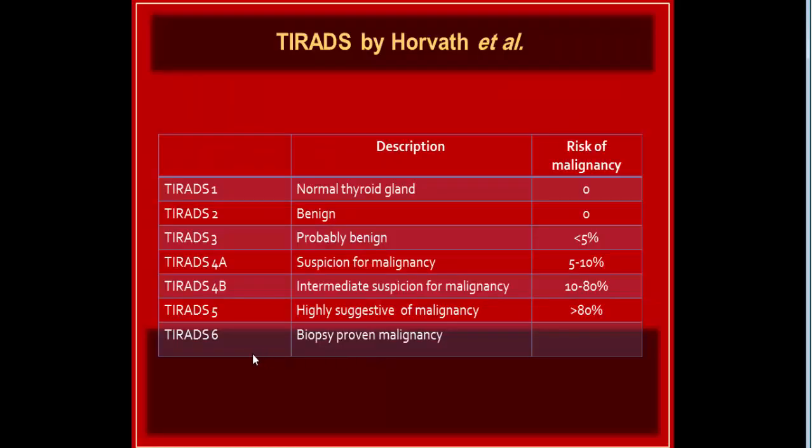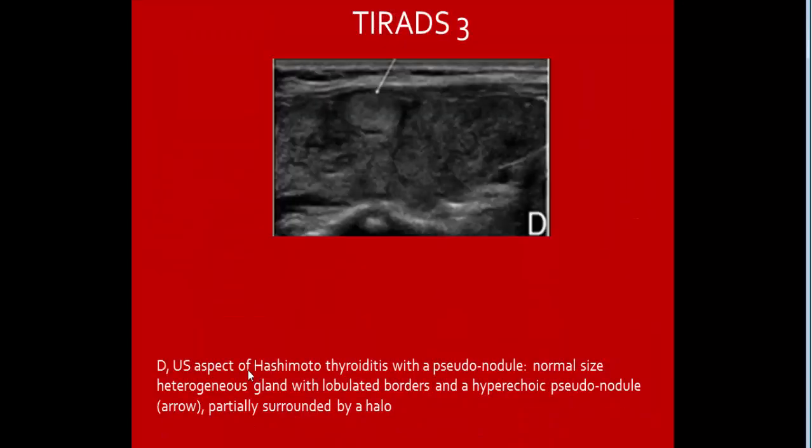Again, going to TI-RADS by Horvath, we found TI-RADS 4A suspicious of malignancy, TI-RADS 4B intermediate suspicious, and TI-RADS 5 divided into two categories, highly suggestive of malignancy.